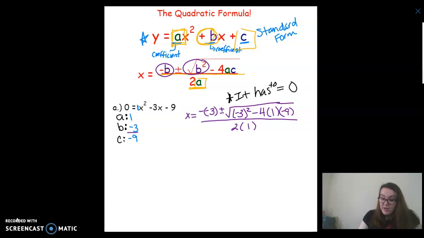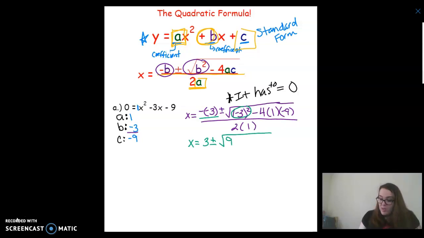If I start right here at the beginning, it says opposite of -3. Well, x equals 3 plus or minus, and I'm going to do a few things at the same time here, meaning I can do -3 squared. I'm going to make it so it doesn't cover my minus sign there. -3 squared is 9.